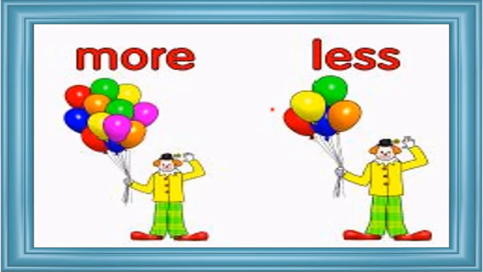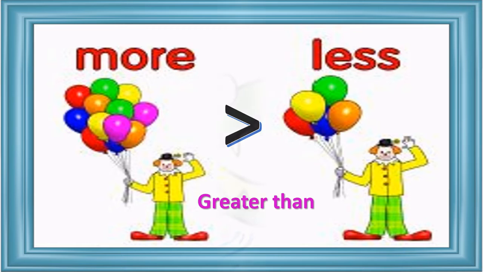Yes, he has more, so the first number is greater than the second number. So we must use the greater than symbol, right? These are greater in number compared to the second number, right?